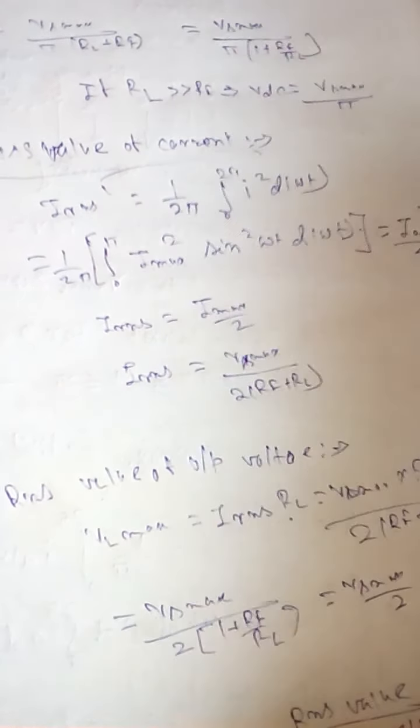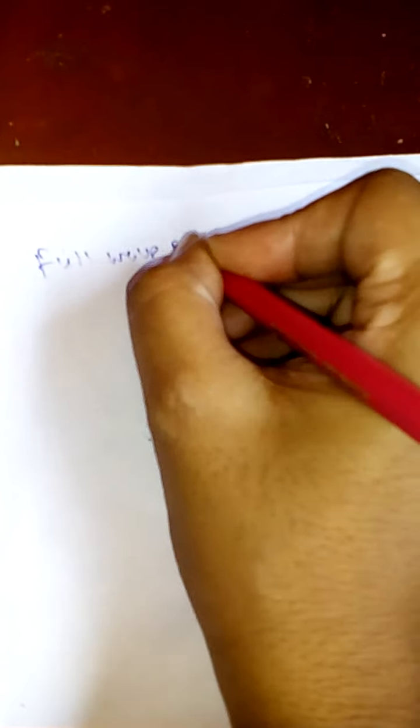Then if we take full wave rectification, what do we get? In a full wave rectifier, two diodes are used. There are two types: the full wave center tap or the bridge rectifier.